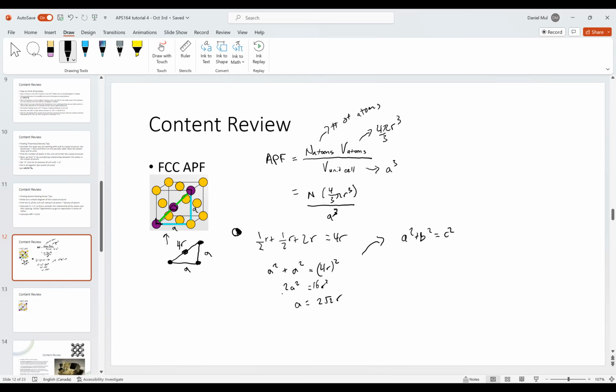So a cubed is the volume of the unit cell, and we get V_unit equal to a cubed.